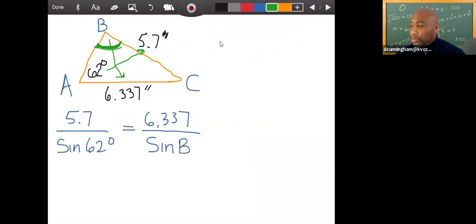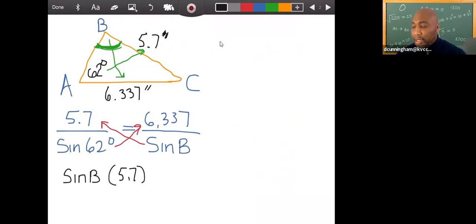Now, let's do some cross multiplication, a little algebra. I'm going to move this up here, move this here, to show you how we can solve this. So this will be the sine of B times 5.7, equal to 6.337 times the sine of 62 degrees.